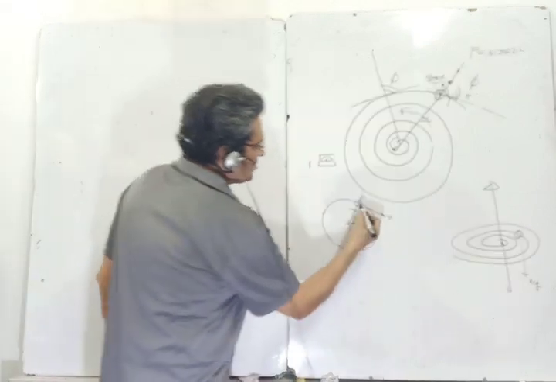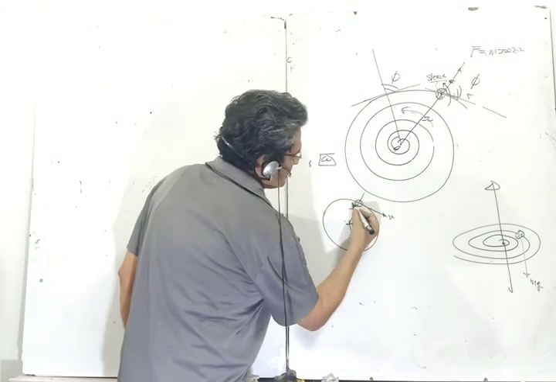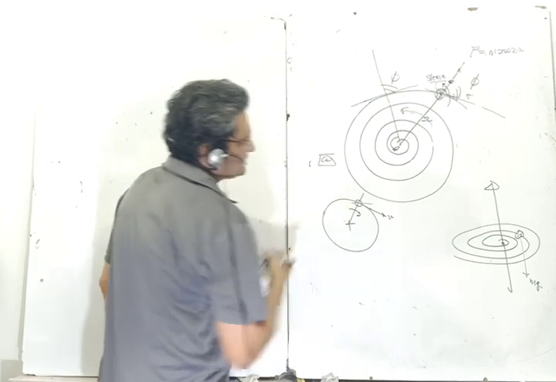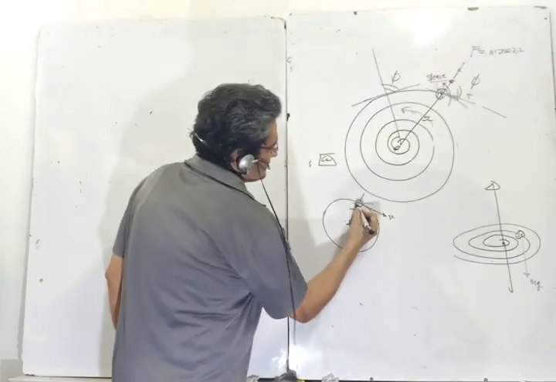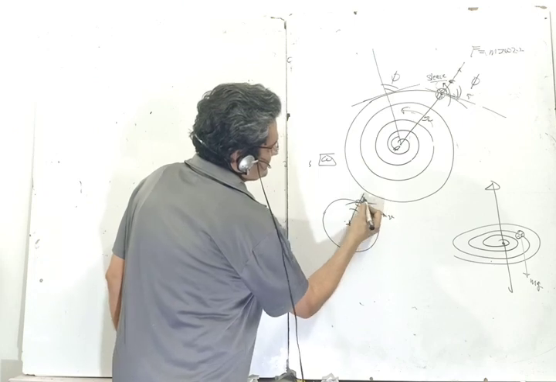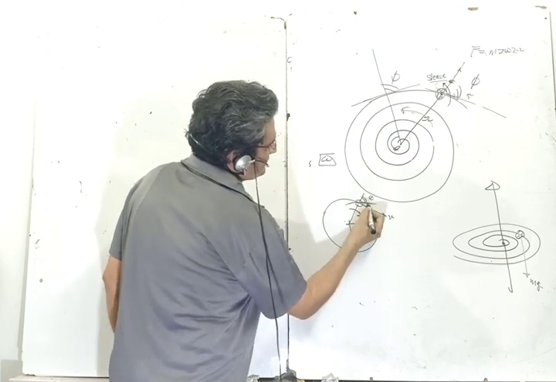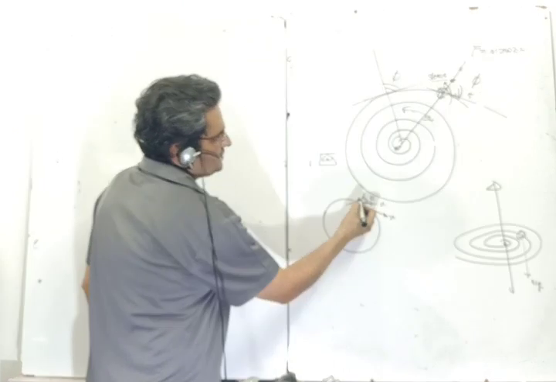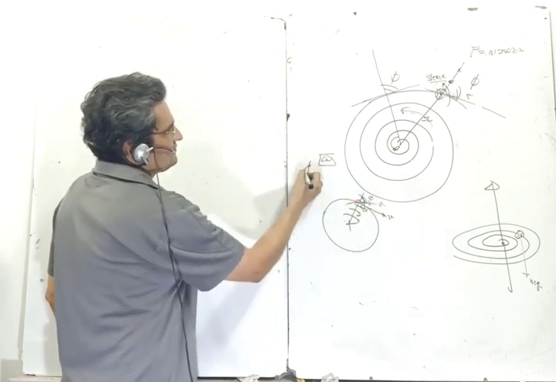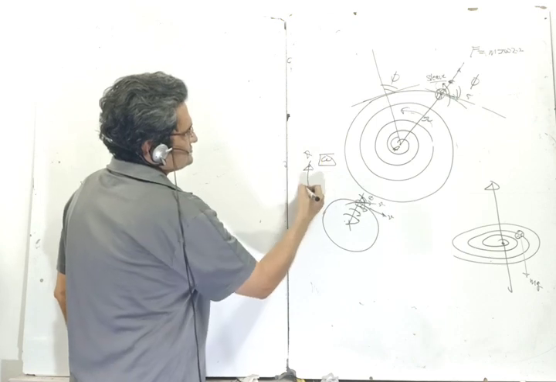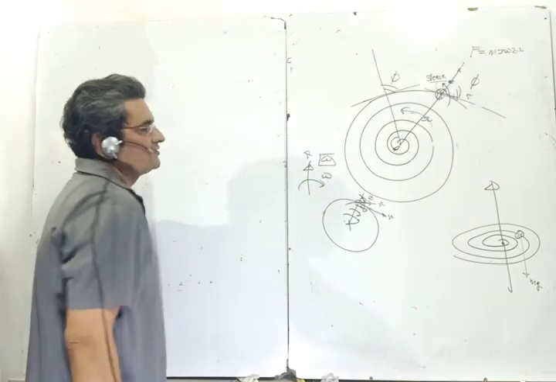But if there is some angle, which is there in the case of spiral, where this is the angle phi, then this is the velocity. Now this omega can be seen like this also. Whenever you have velocity and omega like this, you have Coriolis force.